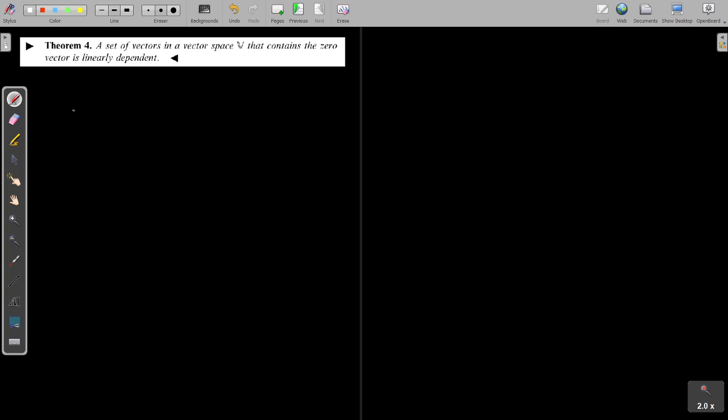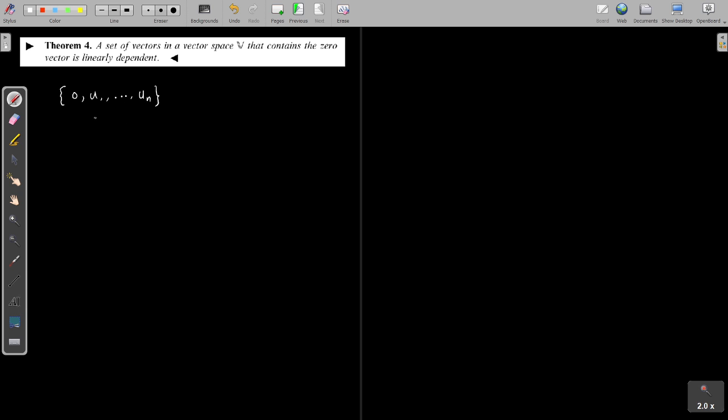Now theorem 4. A set of vectors in a vector space V that contains the 0 vector is linearly dependent. That means if you consider a set with a 0 vector and it contains other vectors like u1, u2, etcetera, some un, then this set is linearly dependent because of the presence of the 0. So how will you prove this is linearly dependent?